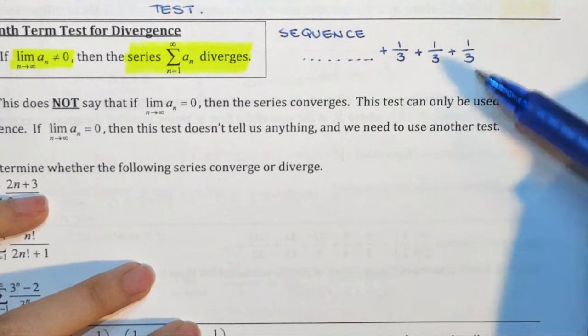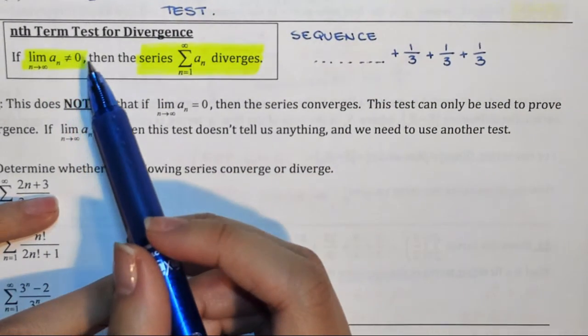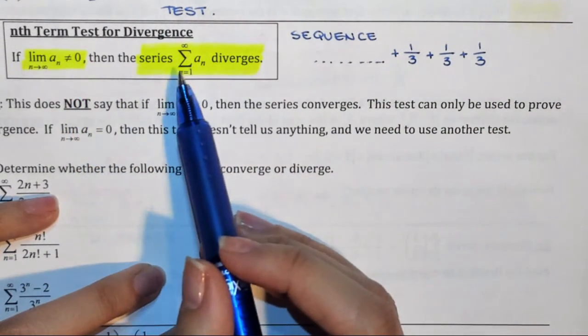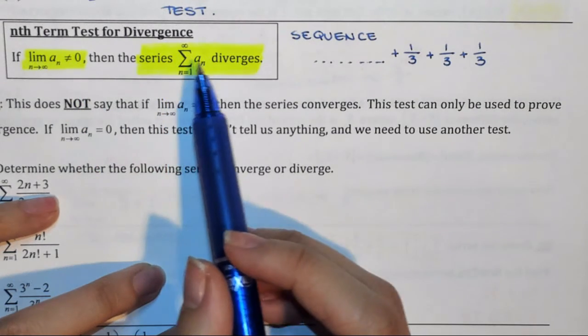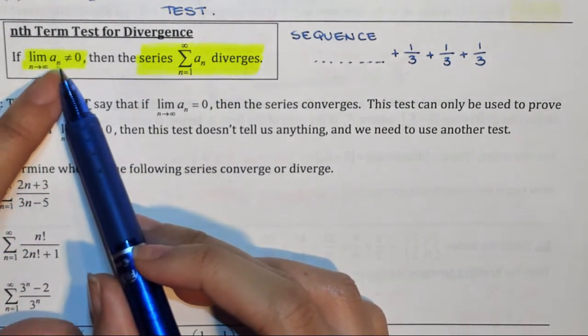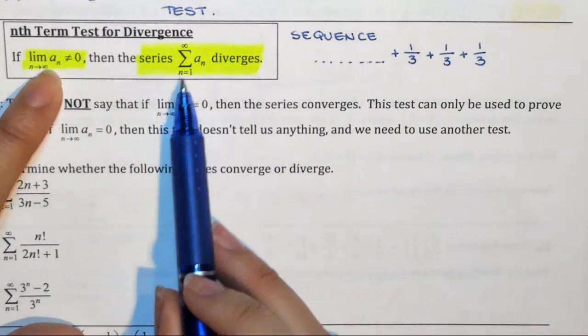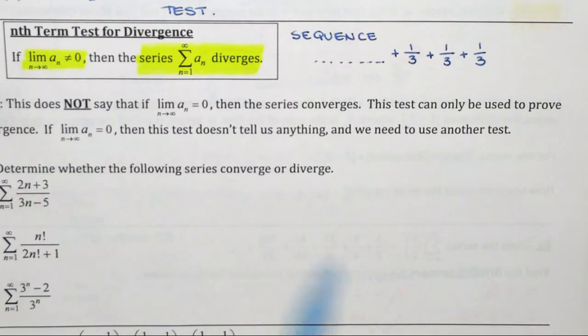So you have to make sure that your sequence actually goes to 0 in order to even attempt to see if this series converges or diverges. If the limit of your sequence does not equal 0, then the series will automatically diverge.